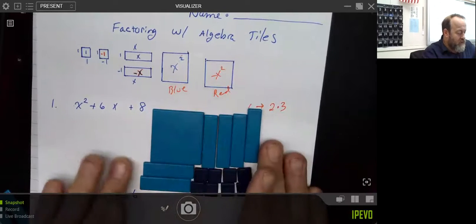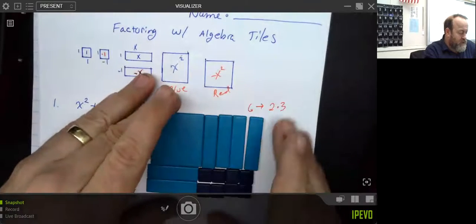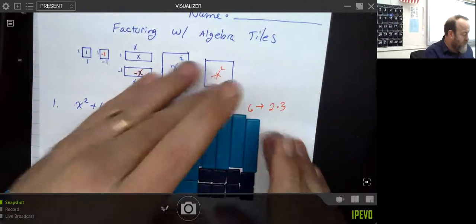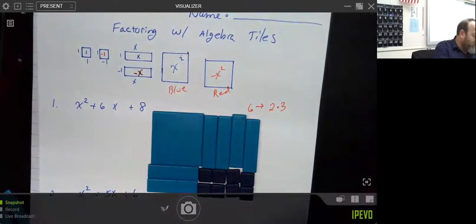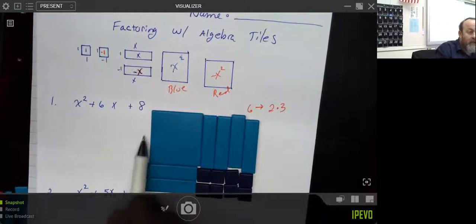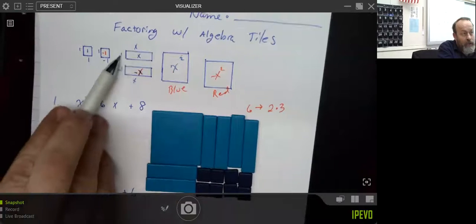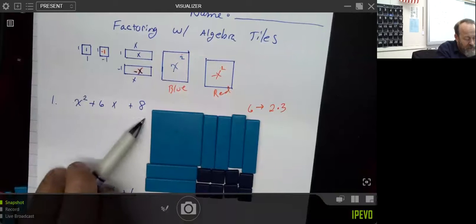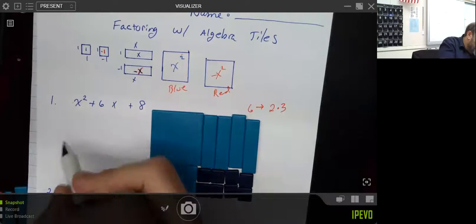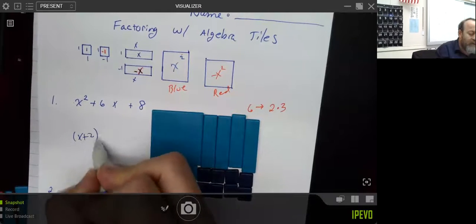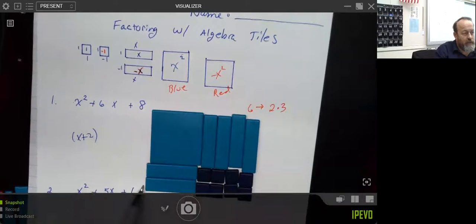Now, I'll try to show you what that looks like. This is my shape right here. From here is x, and we said each of these is 1. Remember, it was 1 by x. This is x plus 1, 2. So my first side is x plus 2.